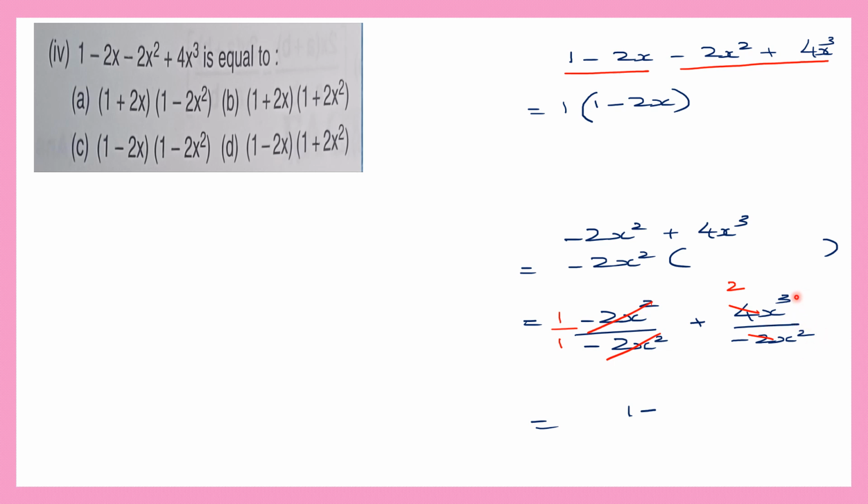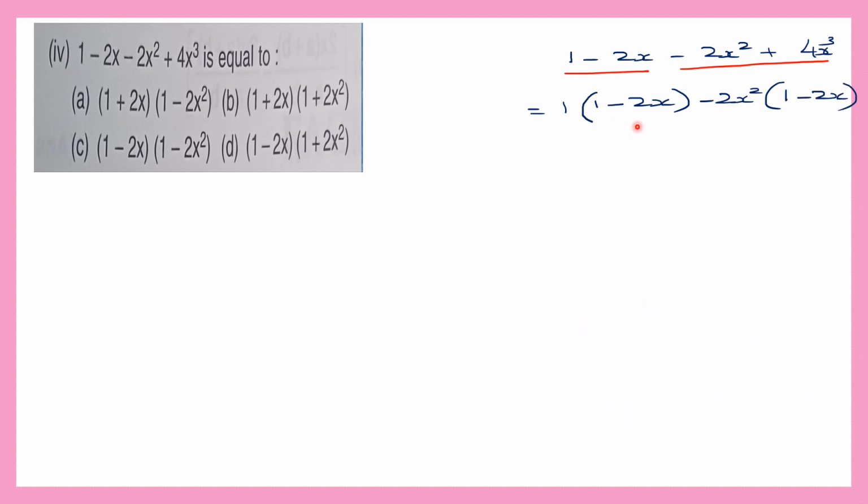When it's division, remember we subtract the powers, 3 minus 2, which is 1. So what do we have here? We have 2 x to the power of 1, which is x. So this is what we're going to have next. So we have minus 2x square already, and in brackets we are going to write this, which is 1 minus 2x.